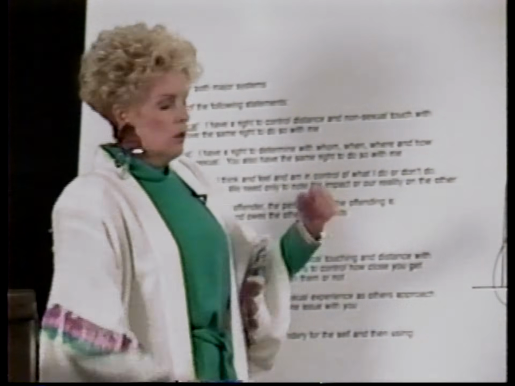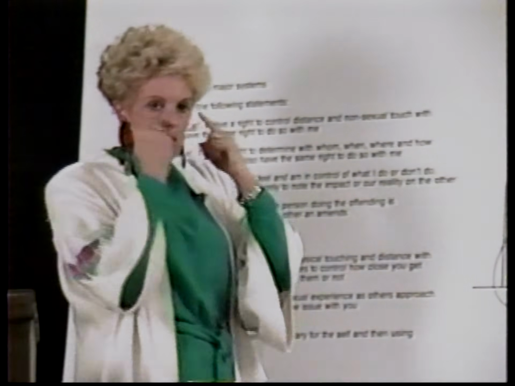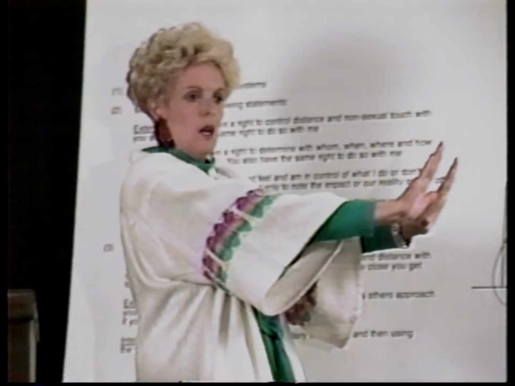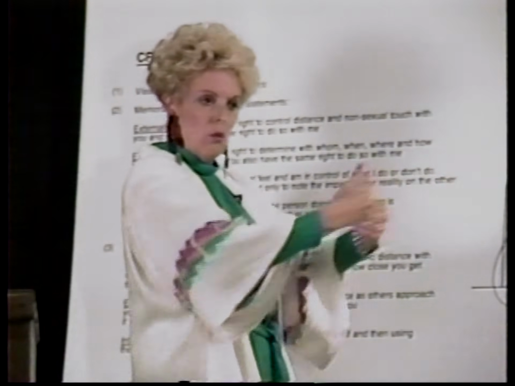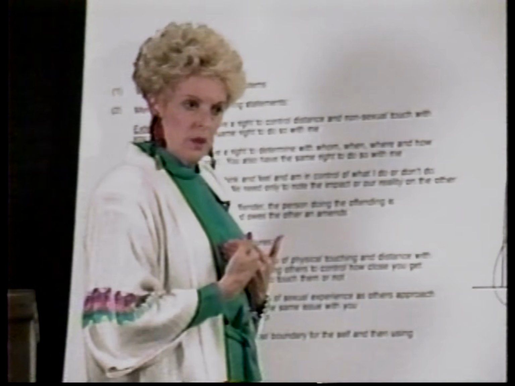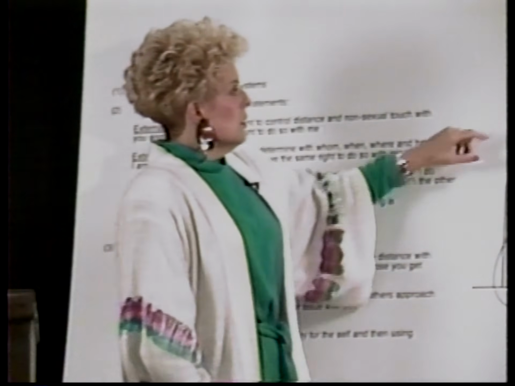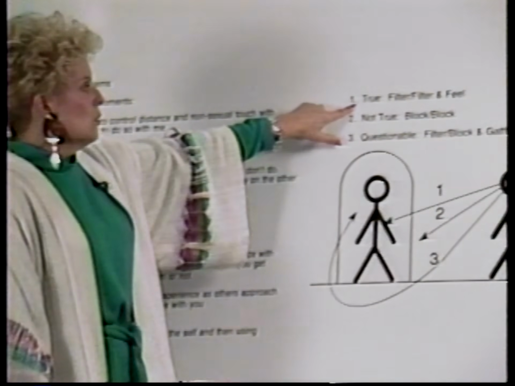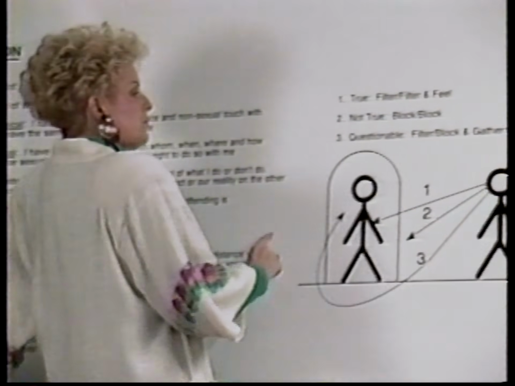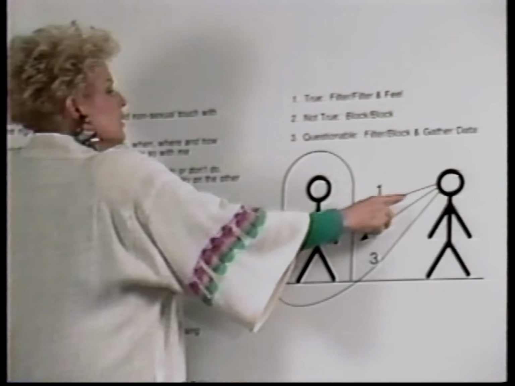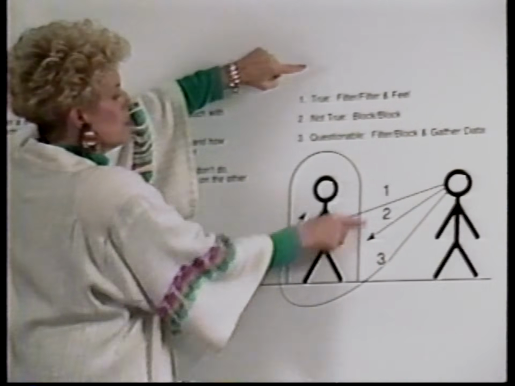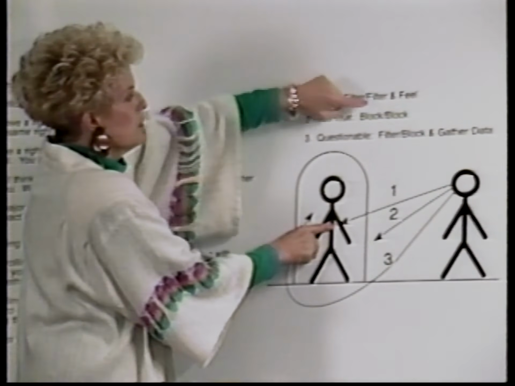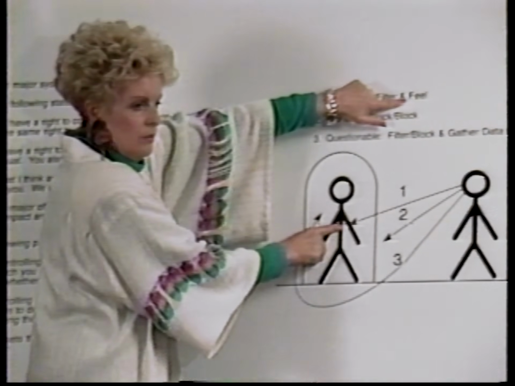What he basically is doing is using his own brain to determine whether he's going to stop something from coming in or whether he's going to let it in. You see that? Now, if his brain says what Corky is saying is true, then what he is to do is filter it through his external boundary, filter it through the internal boundary, and feel about it.